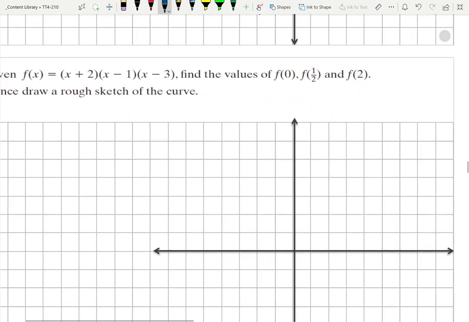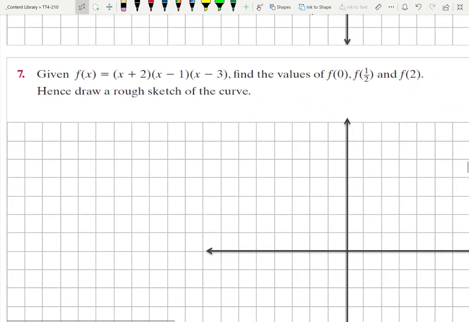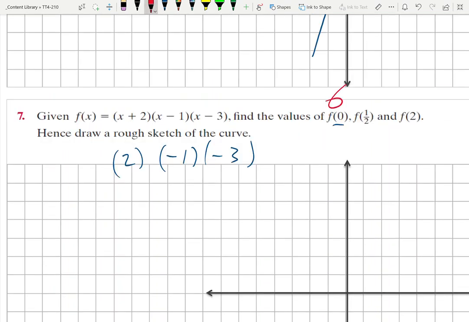Put 0 in. You get 6. Put a half in, really. 2.5 is 5 over 2.